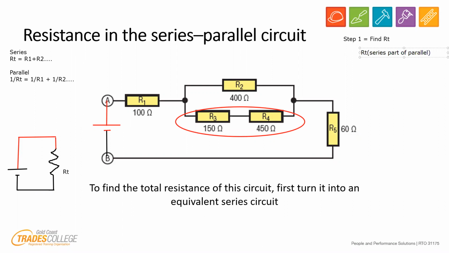Equals, I'll move it across so I can fit it in. RT for the series part of the parallel is R3 plus R4, which will give us 150 plus 450, and that will give us 600 ohms.